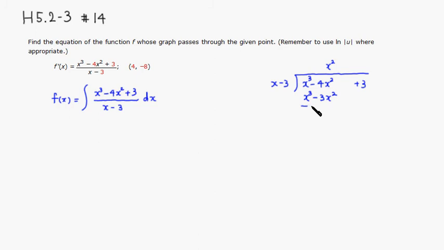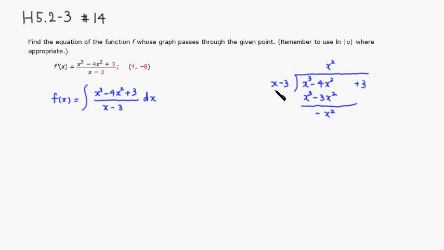Then we do a subtraction. It's negative 4x squared minus negative 3x squared. So you're adding 3x squared, so it's going to be negative 1x squared. There's nothing to bring down, so we go with that.